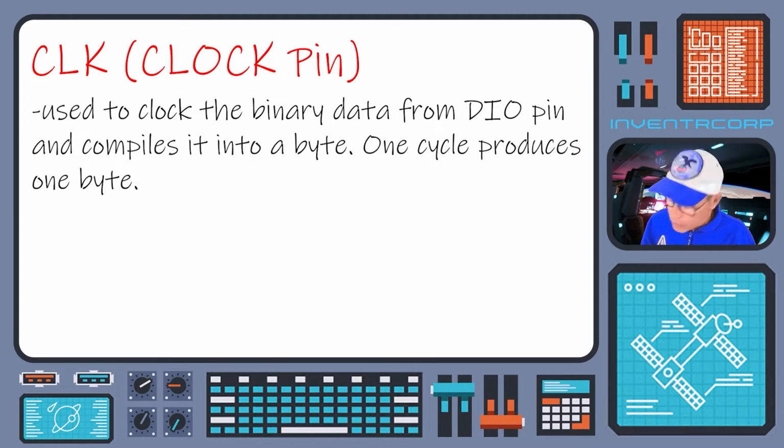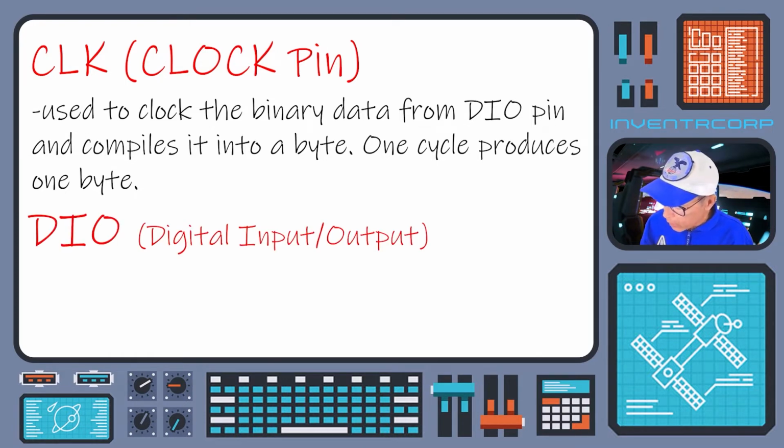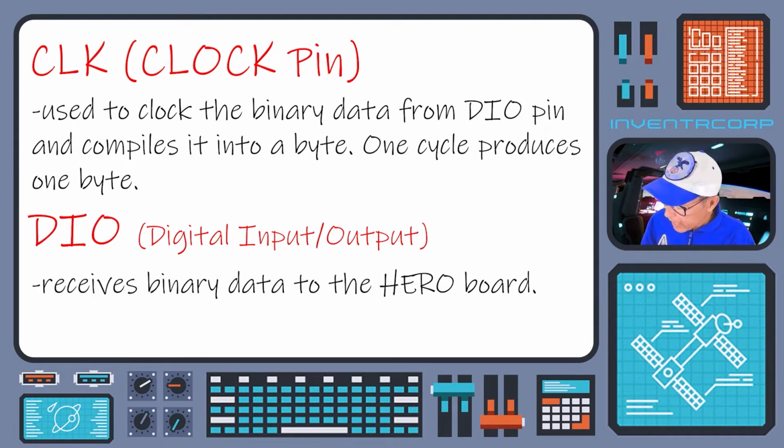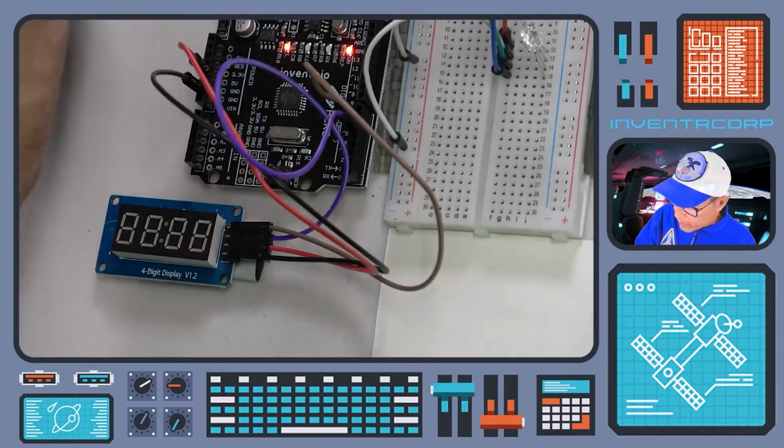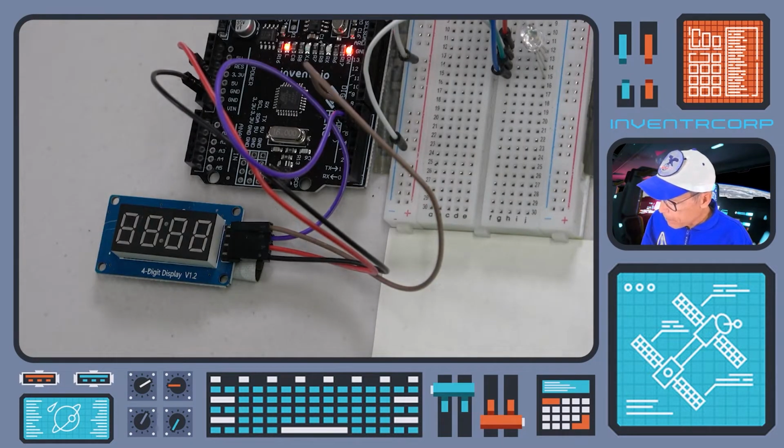And perhaps the most important one for us to understand is DIO, digital output, because it's going to be the digital connection to that pin that controls which of the segments of our display are lit up and which are dark, and controls what we're actually displaying on it. So that's a little overview of the connections to our 7-segment display.